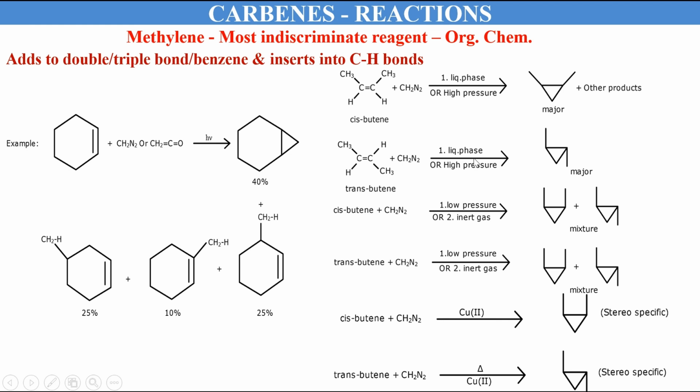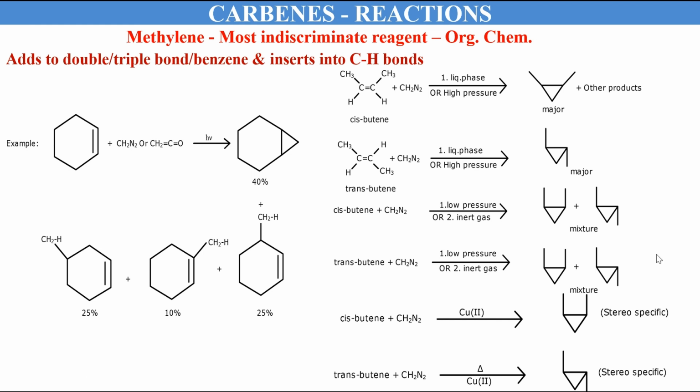Instead of using liquid phase under high pressure, if I reduce the pressure and carry out the reaction at low pressure under inert atmosphere, then I'll get a mixture of products in equal amounts. Meaning at low pressure there is little selectivity. If I take trans-butene also, I'll get a mixture of trans and cis products.